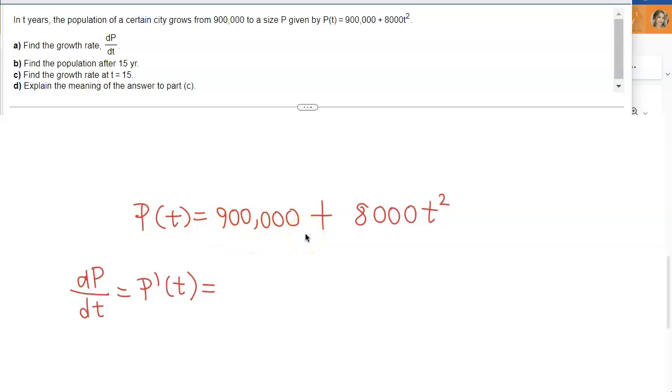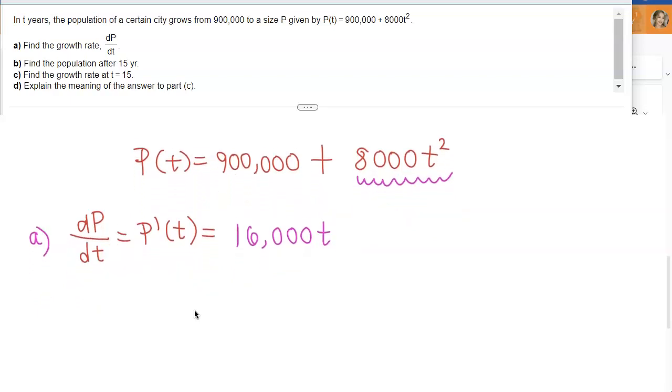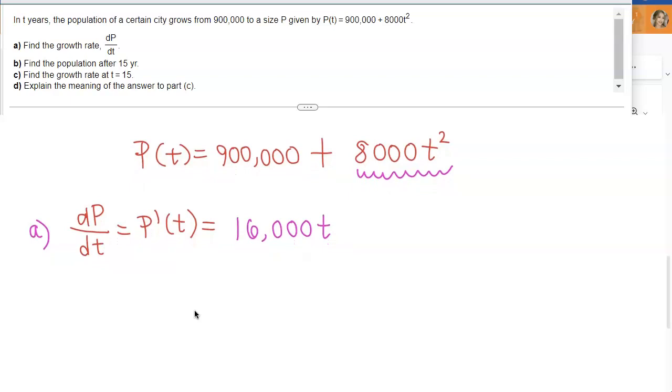But if you find the derivative of 8,000 T squared, you will do 8,000 times 2 to get 16,000, and the exponent goes down to 1 from 2. So that's going to be the answer for part A. This is the growth rate, how fast the population is changing with respect to time T.